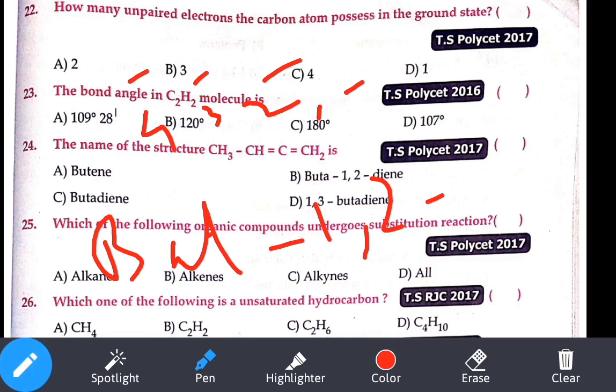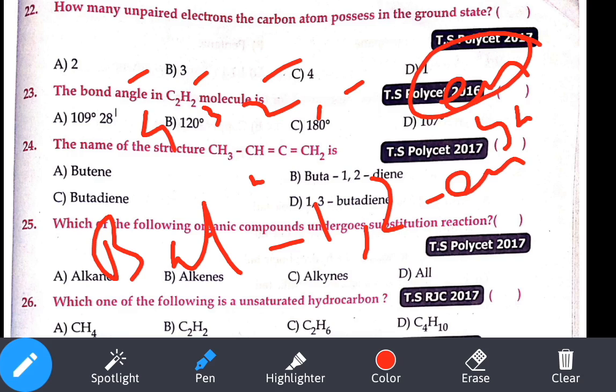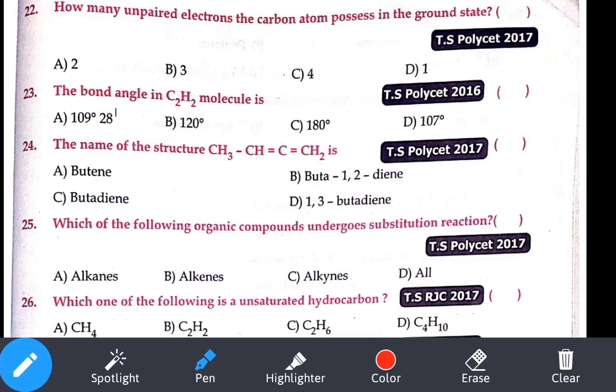Double bond or triple bond? Since it is a double bond, you will write en. If it is a triple bond, you will write yn. Next we have to see whether any functional group is there or not. Even if no functional group is there, we will simply write e. So but-1,2-ene, and since it is the same type twice, diene. But-1,2-diene.